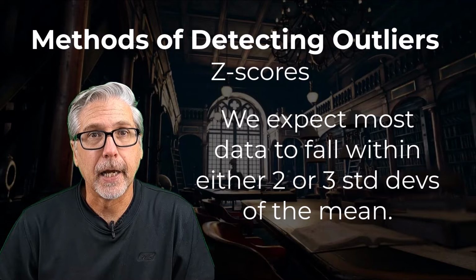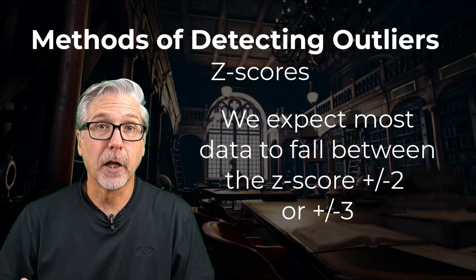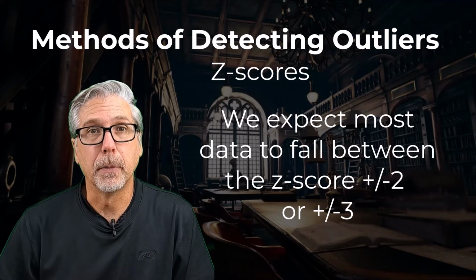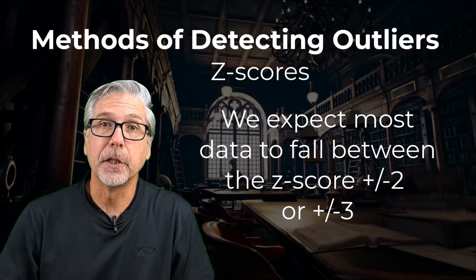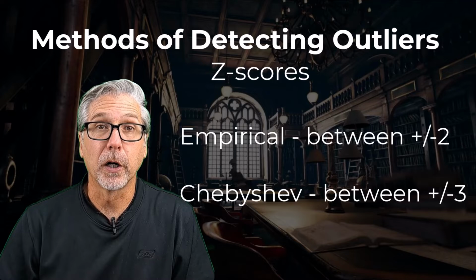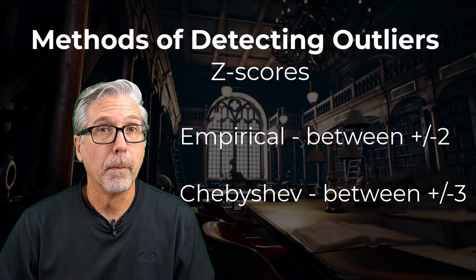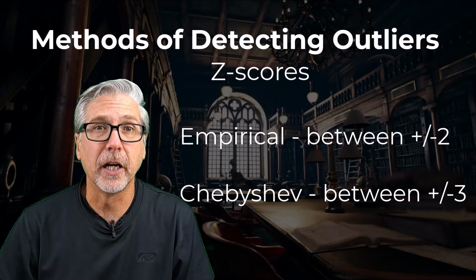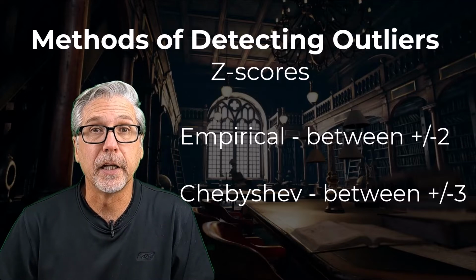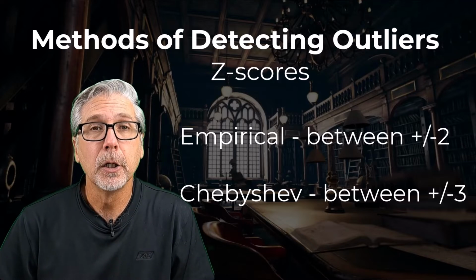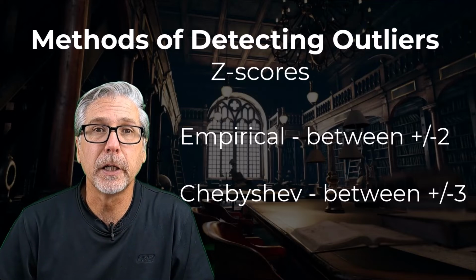Another way of saying that is between the z-scores plus and minus 2 or plus and minus 3. The rule that we use depends on the shape of the distribution. If we're working with empirical rule data, or mound-shaped symmetric, and even skewed data, we would do plus and minus 2. If we were working with other types of data and had to invoke Chebyshev's theorem, we'd bump that out to plus or minus 3.